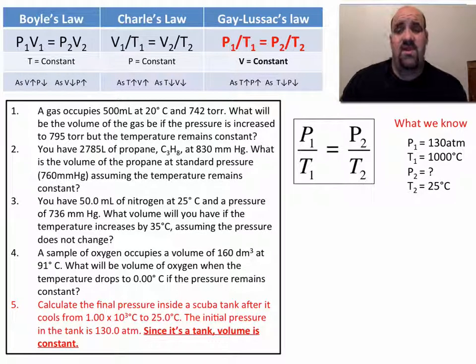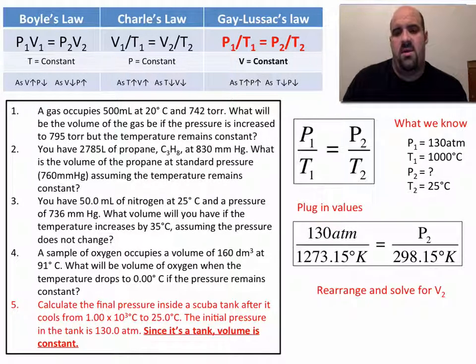So again, these temperatures right here, you got to add 273 to both of them to go from Celsius into Kelvin. And then you plug them in. And we know the initial pressure was 130 atmospheres. And the initial temperature was 1,000 Celsius or 1273.15 Kelvin.